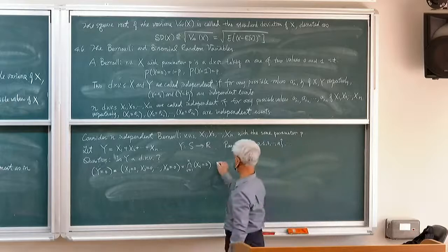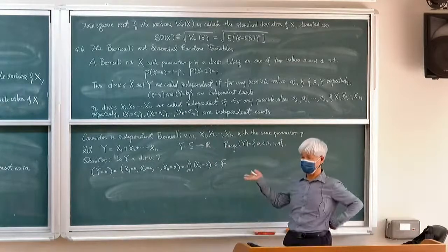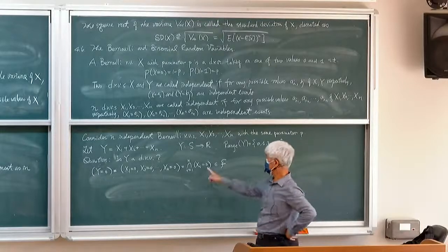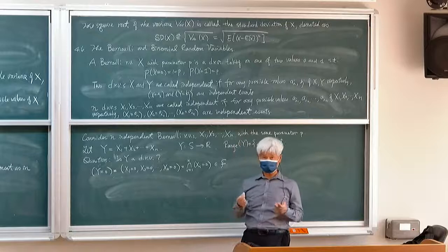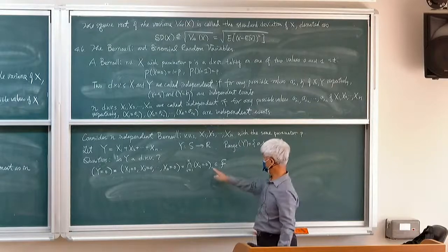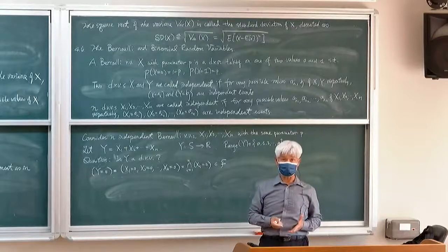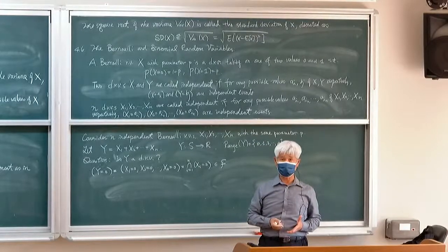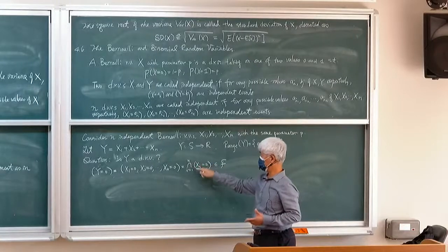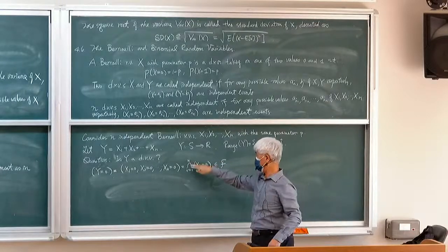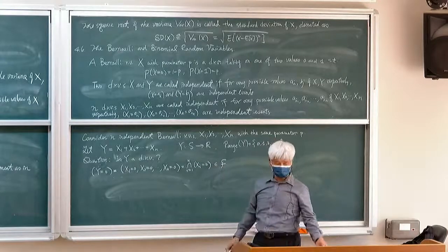And of course this is in F, because each xi is a discrete random variable, so such a basic event is an event of interest in the sigma algebra. Because we have countable intersections, this is in F, of course.